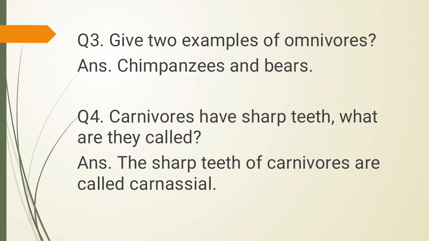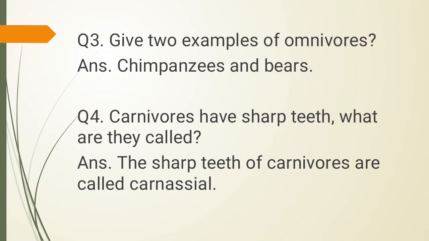Question number 4 is, carnivores have sharp teeth. What are they called? Why do carnivores have sharp teeth? Because they need to tear up the meat real fast. They need them for tearing up the meat of other animals, so they have a very good set of teeth.